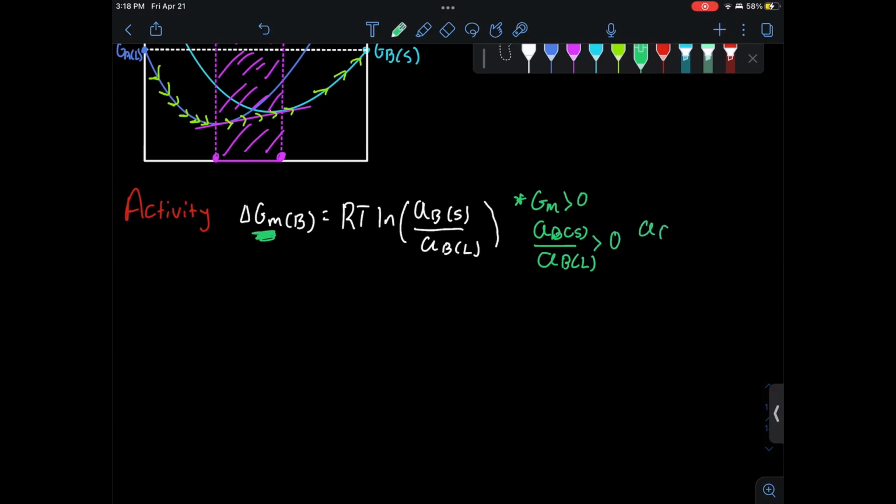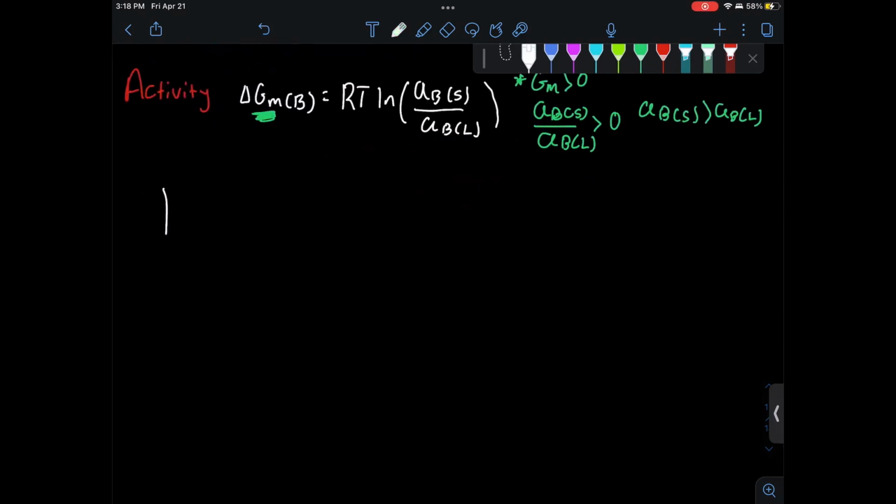So we know the activity of B as a solid is greater than the activity of B as a liquid. Now what we can do with this information is make different activity plots with different standard states of B.